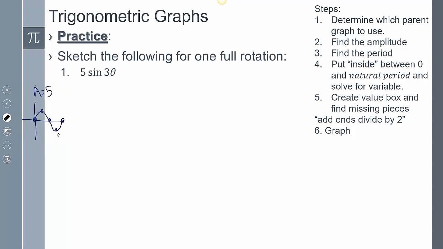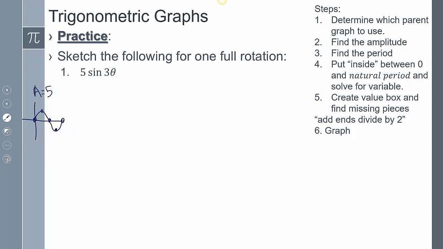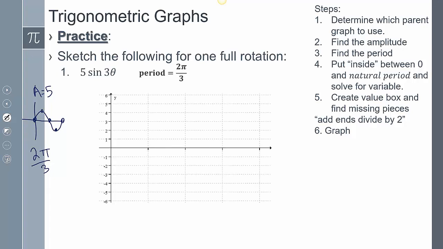And so I know that's the pattern I'm going to use when I graph this. And then the new thing we just learned, the period: the original period over b. And so my period is going to be 2 pi thirds. So now, if this is an image of what my graph looks like, what do I label my graph?